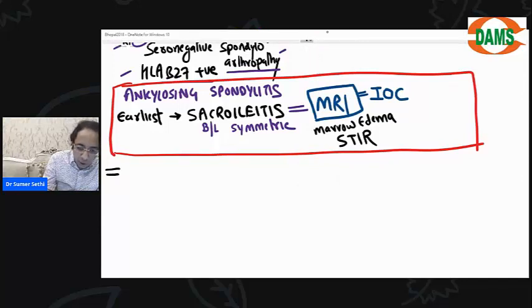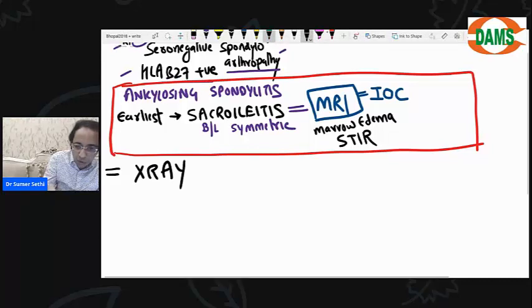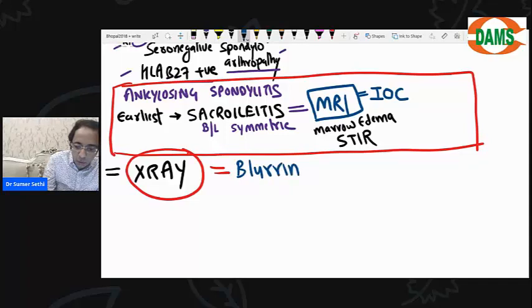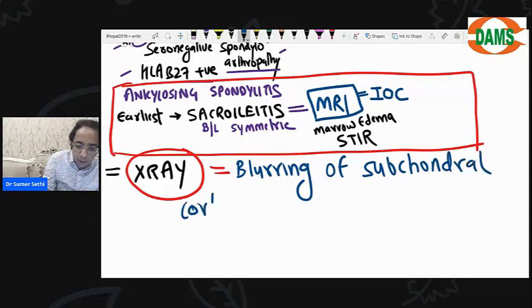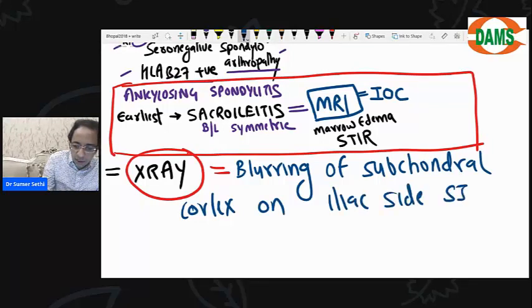So now, what will you see on an X-ray first? This was a question which was asked in NEET PG 2019. What will be the X-ray feature? On X-ray, ankylosing spondylitis will show blurring of the subchondral cortex on the iliac side of the SI joint.